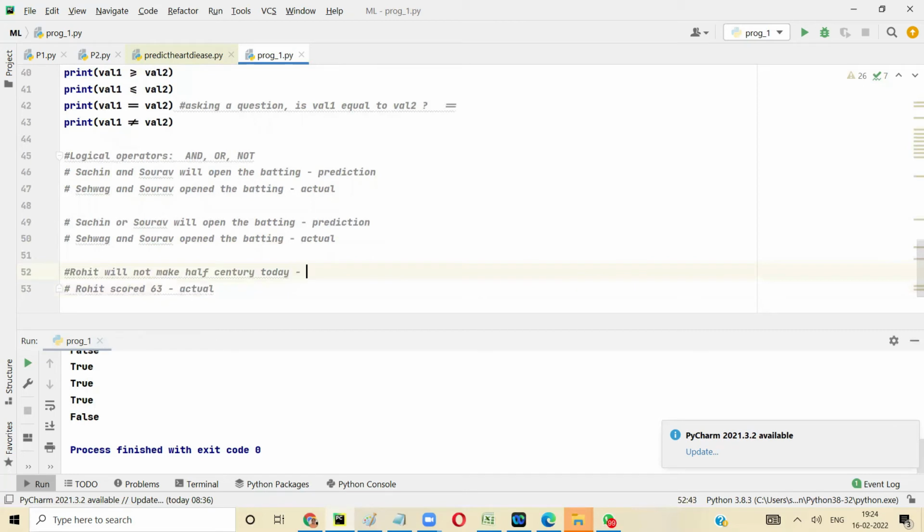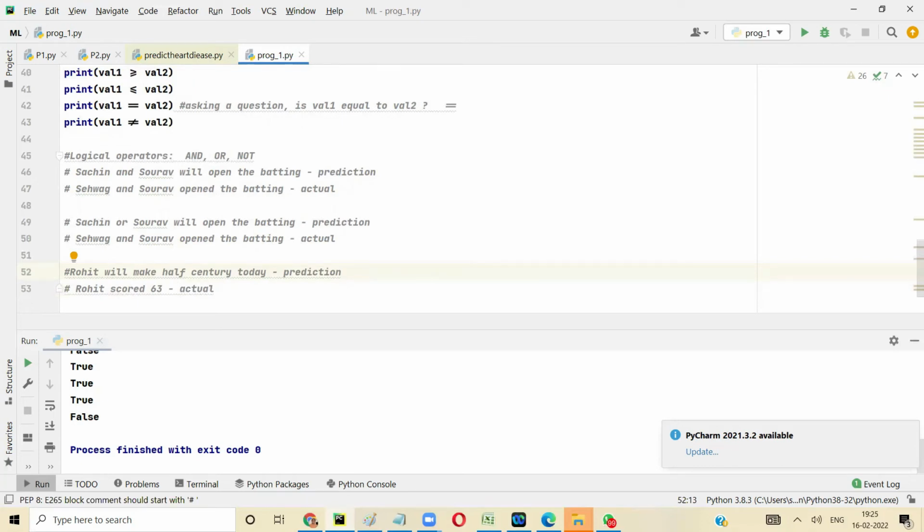This is my prediction. Am I right or wrong? Wrong, sir. And if I remove not, then true. Correct. So true will become false, false will become true if you have not.